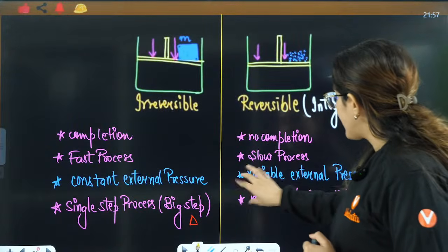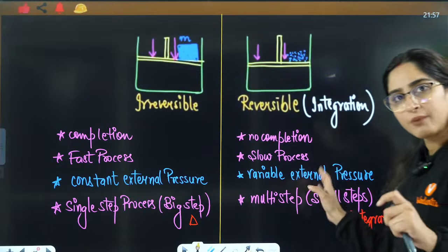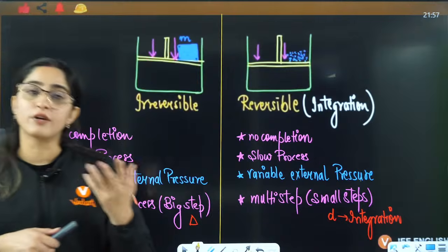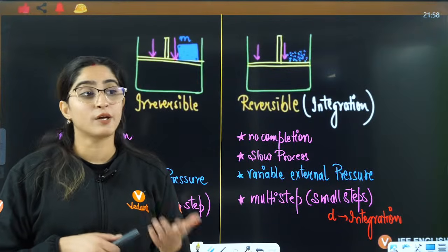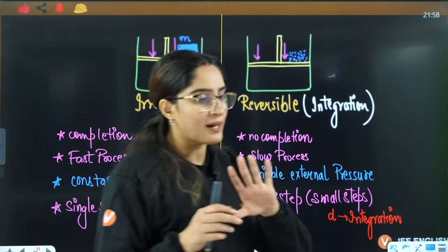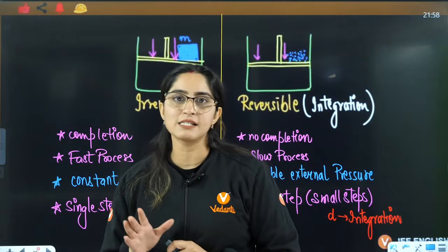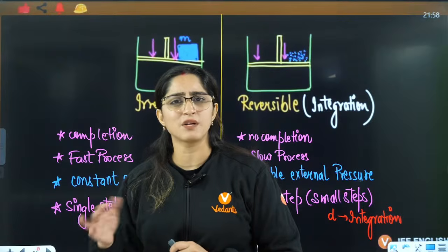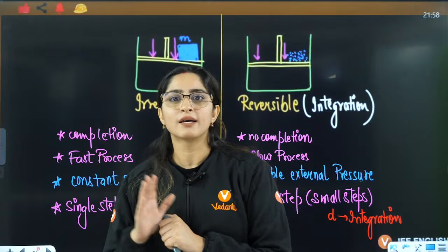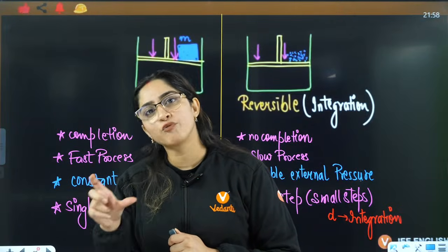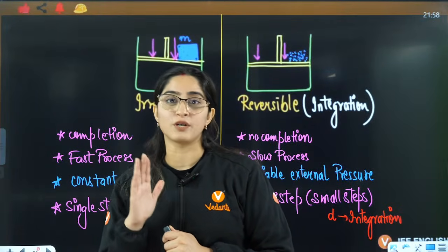Constant external pressure, variable external pressure is a very important statement. They directly sometimes don't tell you that this is reversible, this is irreversible. Because students, the biggest problem, I'll tell you, it's a very important question for your JEE, and for NEET as well, for any competitive exam, right? Especially for JEE, it is isothermal reversible or isothermal irreversible.